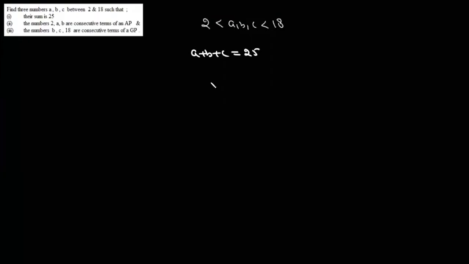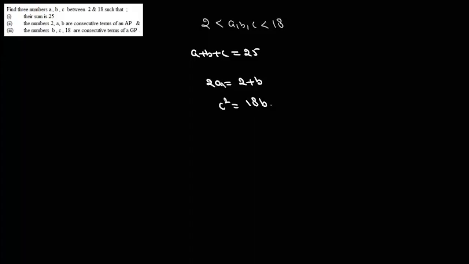So that means 2a equals 2 plus b, and then it says b, c, and 18 are consecutive terms of a GP. So that means c square equals 18b.